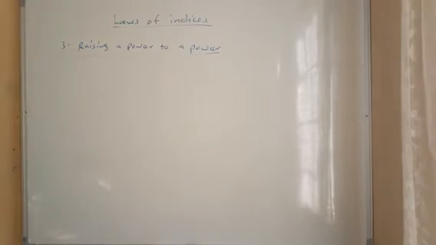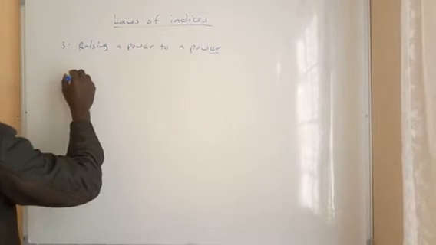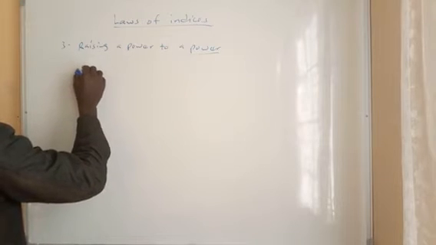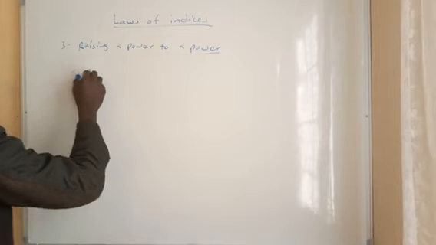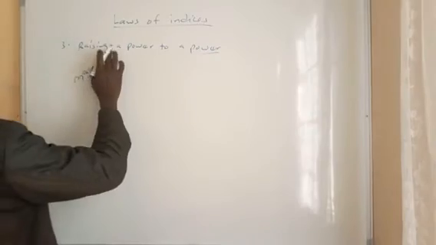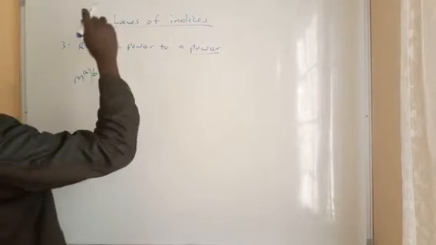What do I mean? If I have m raised to the power a, and then I raise it again to the power b, you are raising a power to another power.